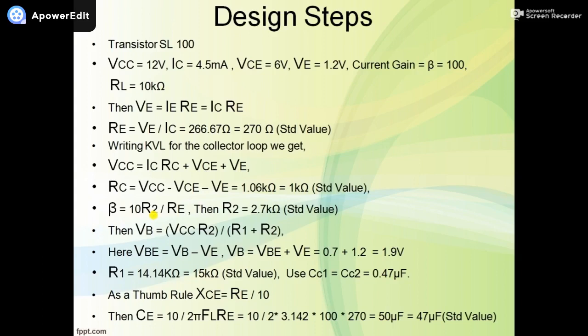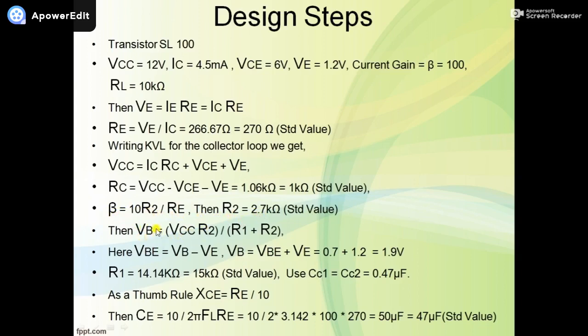So to maintain a stable voltage, we use 10 times the resistor R2 divided by RE, and from this equation we directly get the R2 value as 2.7 kilo ohm, because beta is a known value and RE is also a calculated value.